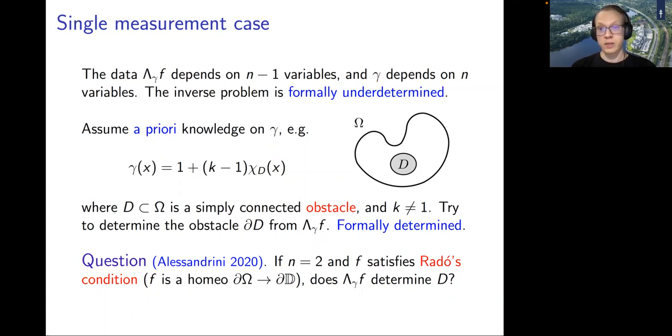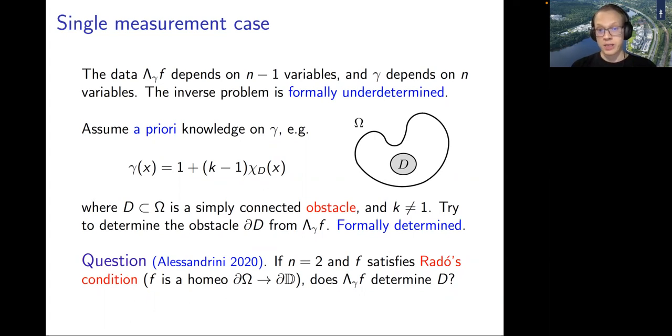And now if this set D is not very wild, then the boundary would be n-1 dimensional. So this inverse problem would be formally determined. And there are a number of results on this problem. So let me just formulate an open question, which is classical, but in this precise way it was formulated by Alessandrini.